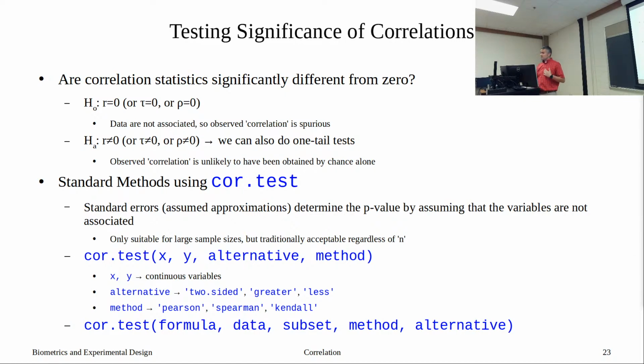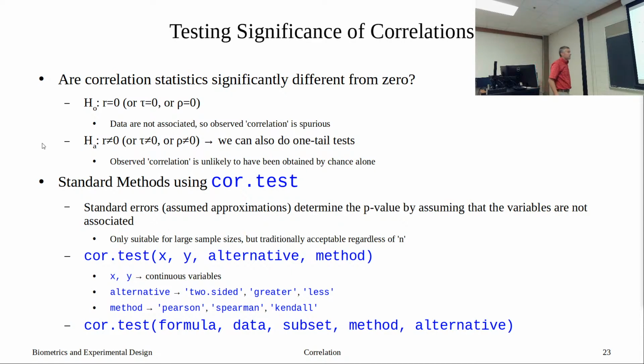The reality, though, is that many people use this regardless of sample size. When I say large sample size, between two values you should probably have more than 100 to do this cor.test easily. But a lot of people don't.